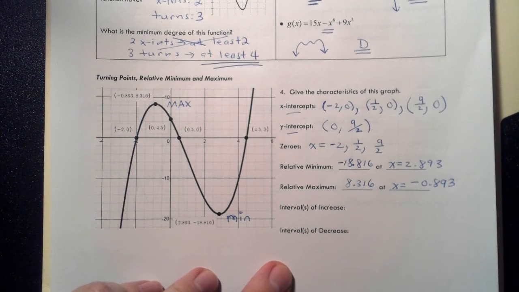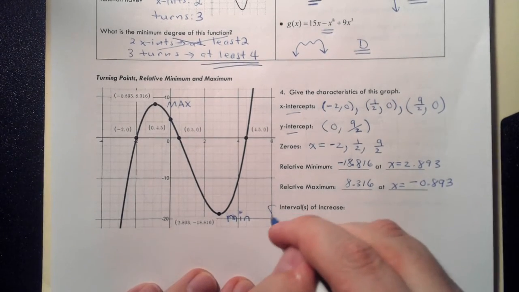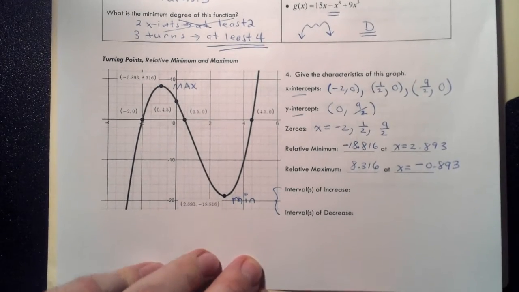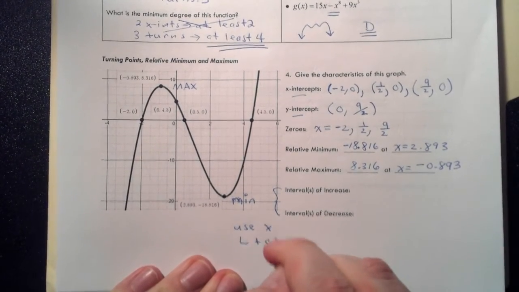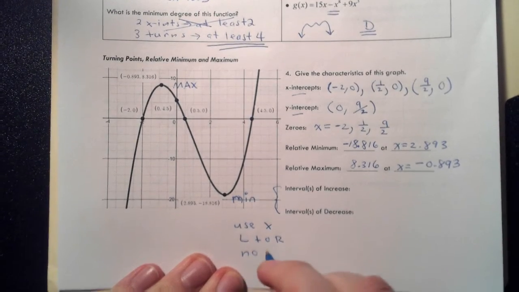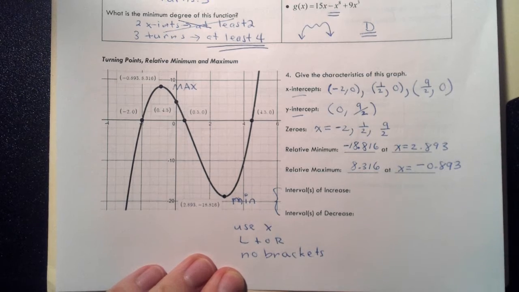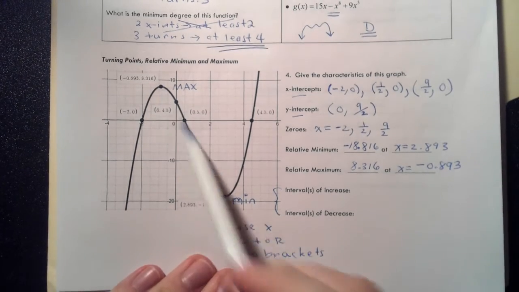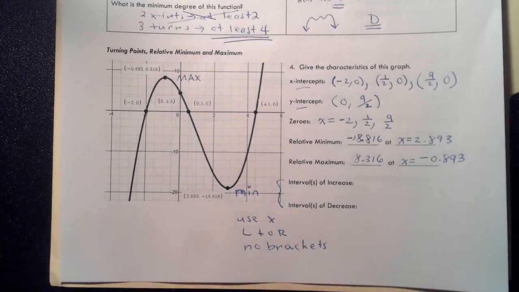So then for our intervals of increase and decrease, I use these. Remember to do intervals of increase and decrease, what you got to recall is you're always using x, going from left to right, and since we'll be doing these in interval notation, you really don't want to use brackets as far as we're concerned, because at these turning points, the graph isn't increasing or decreasing, it's turning.